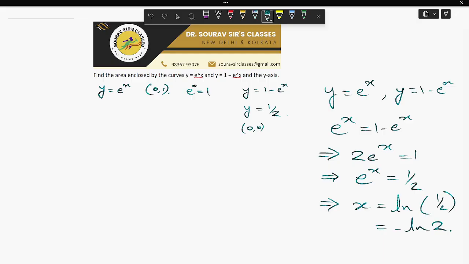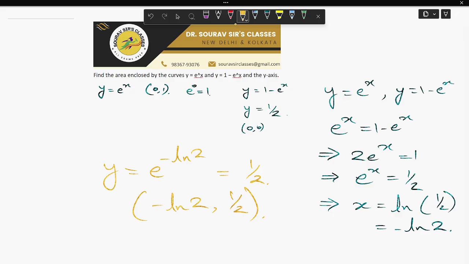So substitute x equals minus ln 2 into y equals e to the power x, then find the y coordinate. We get y equals e to the power minus ln 2, which is half. Thus the curves intersect at (minus ln 2, half).